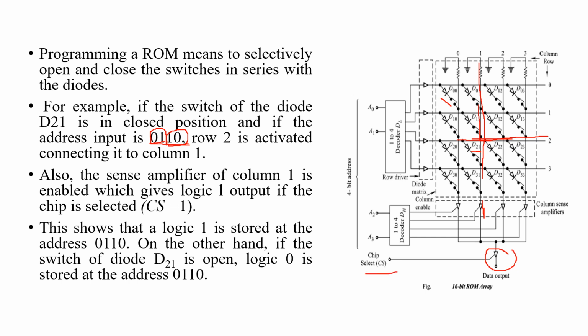This shows that a logic 1 is stored at the address 0110. On the other hand, if the switch of diode D21 is opened, logic 0 is stored at the same address 0110. If it is closed, logic 1 is stored at the given address. Otherwise, logic 0 is stored at that address.